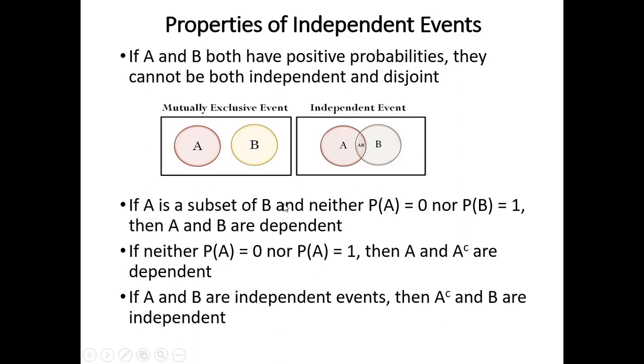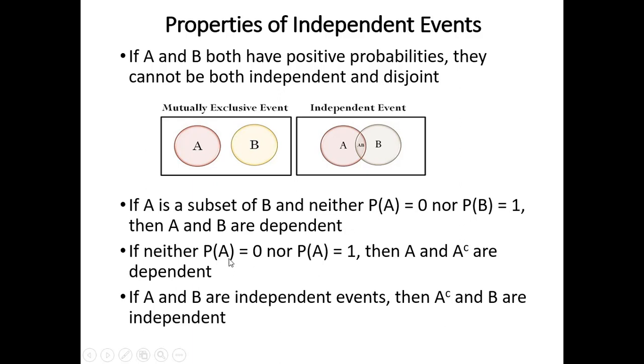If A is a subset of B, and neither the probability of A is 0, nor the probability of B is 1, then A and B are dependent. So when A is a subset of B, we know automatically that A and B are dependent. This is something we can prove, but for now, we'll take it as stated.